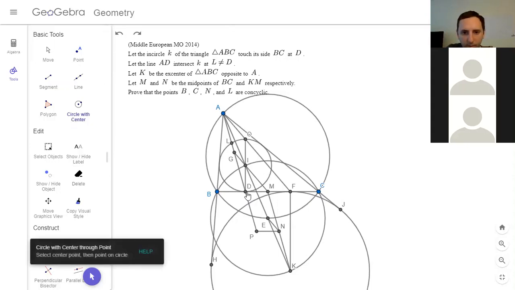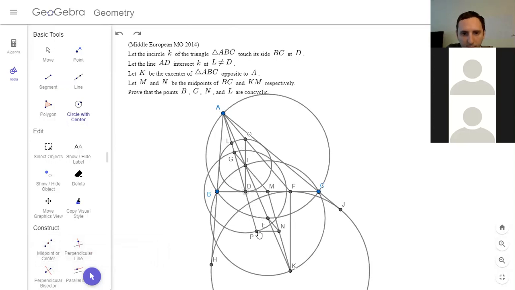Is LD equal to DP? No. So we want to show that, and DP is equal to MN, which is half of MK.